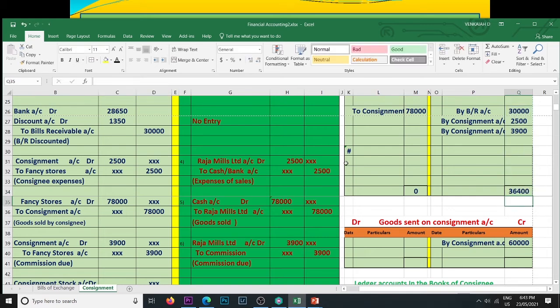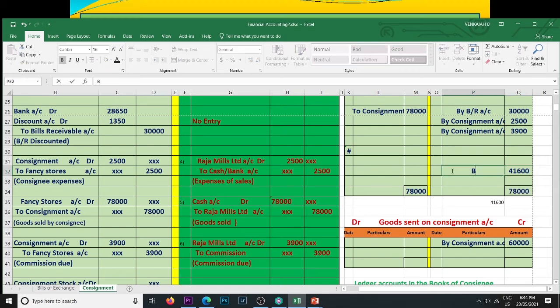So here the total is 78,000. 78,000 minus 36,400, the amount is 41,600. If I post 41,600, here also it will become 78,000.